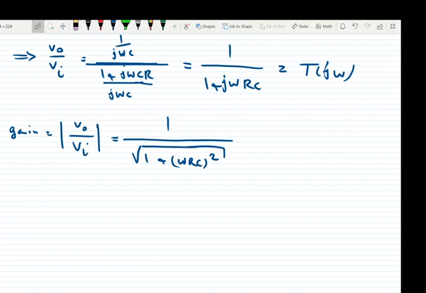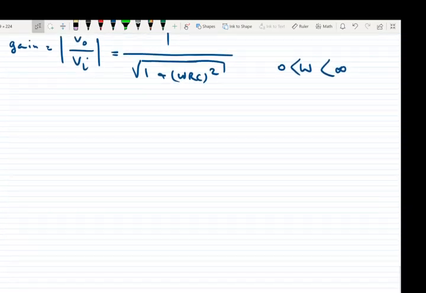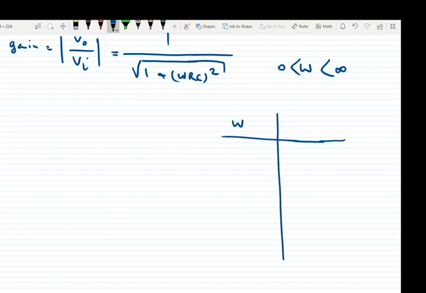Now we want to plot this by letting omega take values from 0 to infinity. So omega from 0 to infinity, we plot the magnitude. First let's just make a table, omega and gain, which is VO over VI.